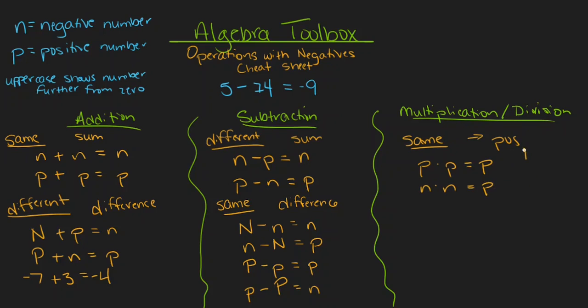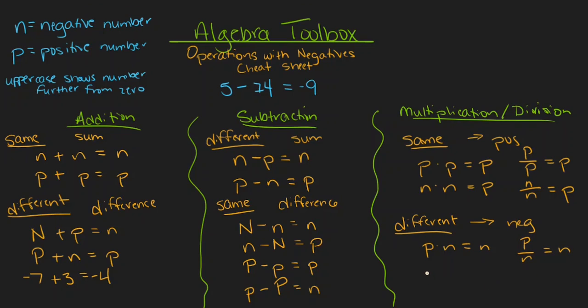For division, a positive divided by a positive will equal a positive, and a negative divided by a negative will equal a positive. If our two values have different signs, that means that our answer will be negative. So a positive times a negative is a negative, and a positive divided by a negative is also a negative. Even if we switch this and have negative times positive, that's still a negative, or negative divided by positive, that's also still a negative answer.